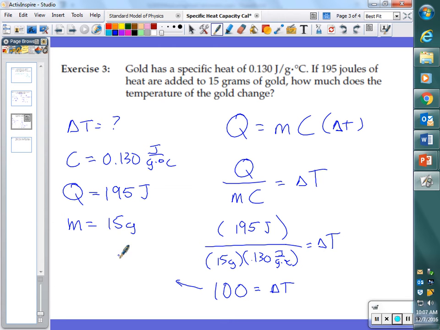So we're going to end up with times 10 to the 2nd power. Does that make sense? But how many significant digits are we supposed to have? 2. Does that make sense why that's 2 significant digits? But it's still 100. It's just 100 with 2 significant digits.